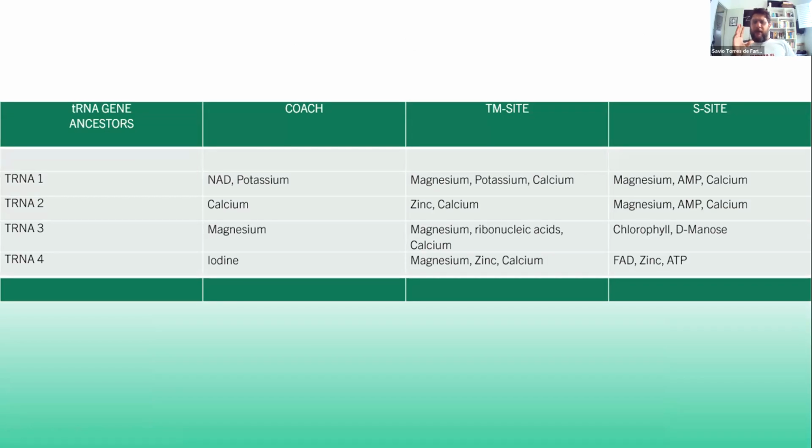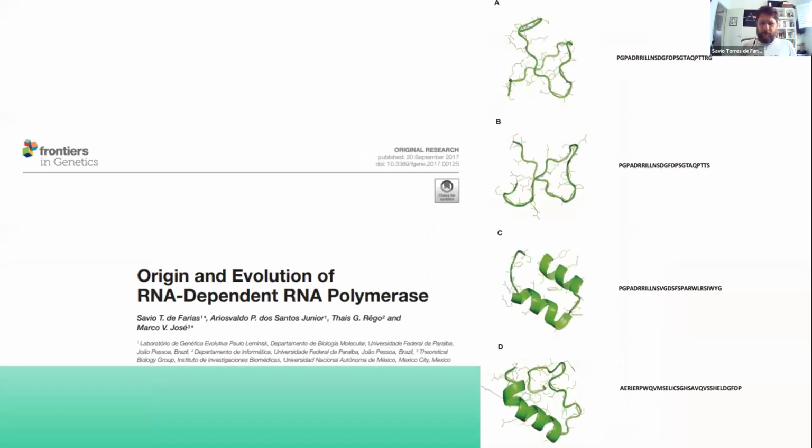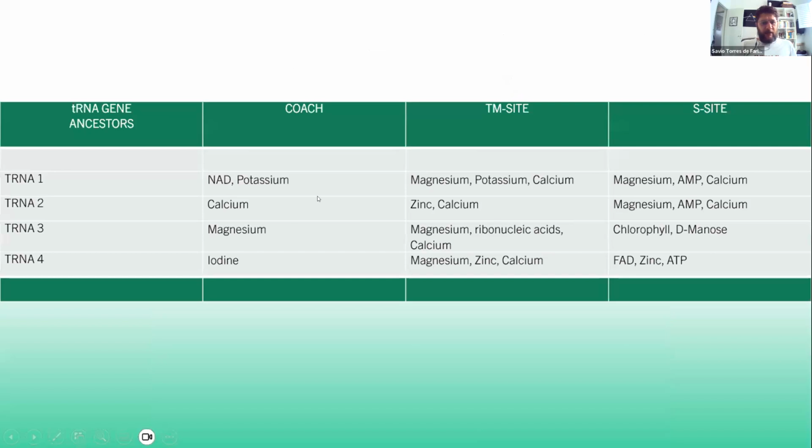So we did another kind of analysis. We analyzed the binding capacity of these small peptides, and we used different algorithms to predict the ligands of the different ancestral sequences of the RNA-dependent RNA polymerase.